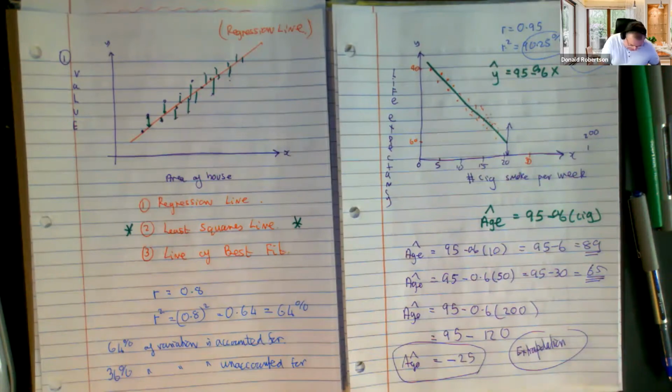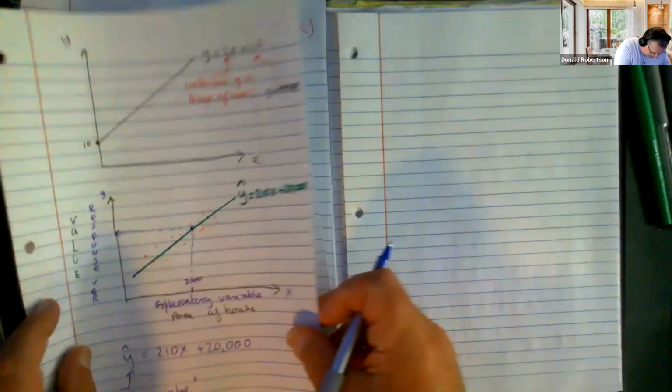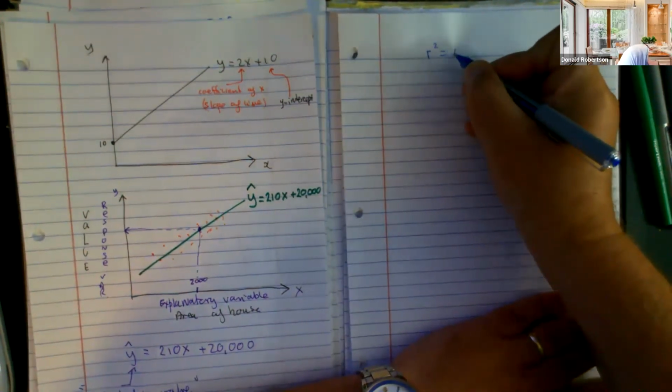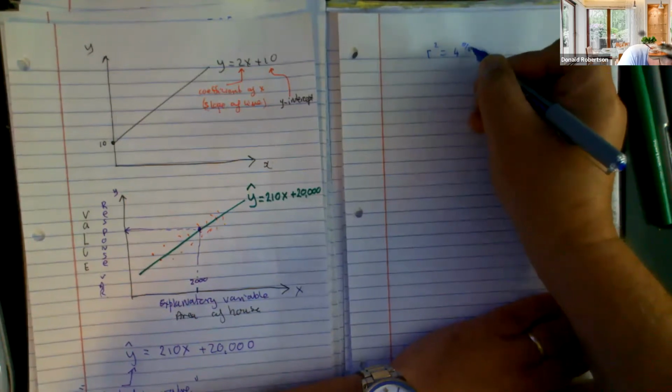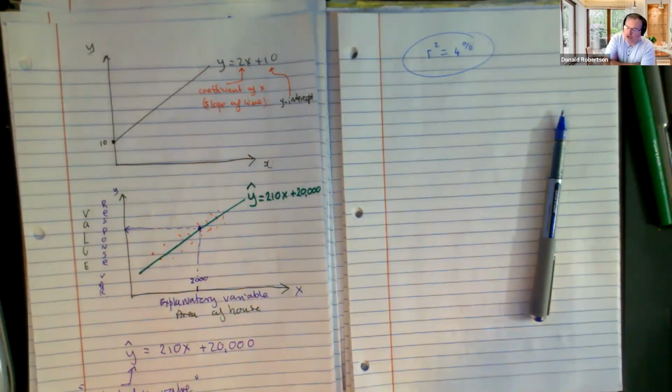Now, if I had a model, which I'm not going to draw the line off, but imagine I had a model and I told you that R squared was 4%. Would you use that model to do any predictions?